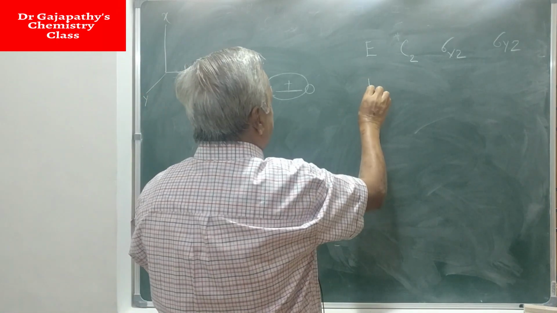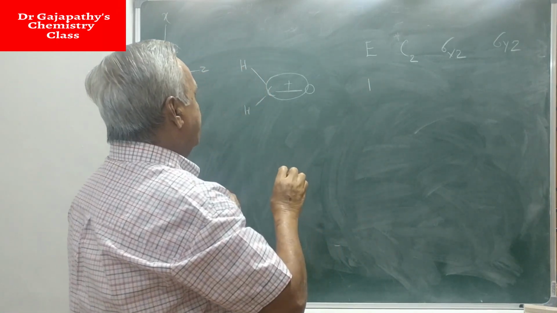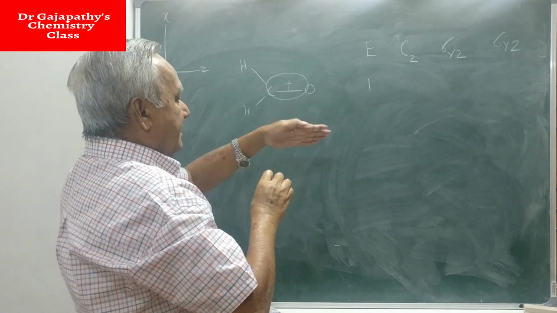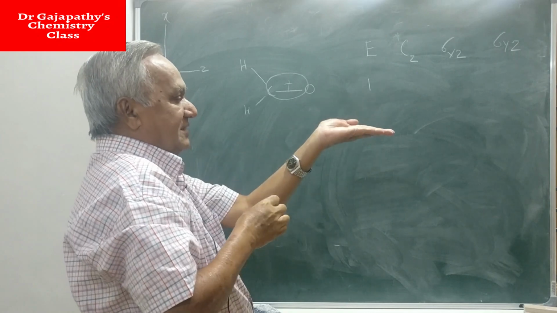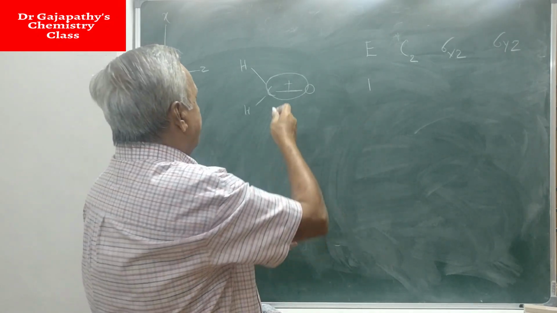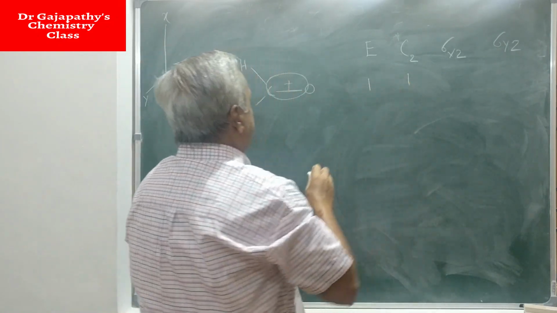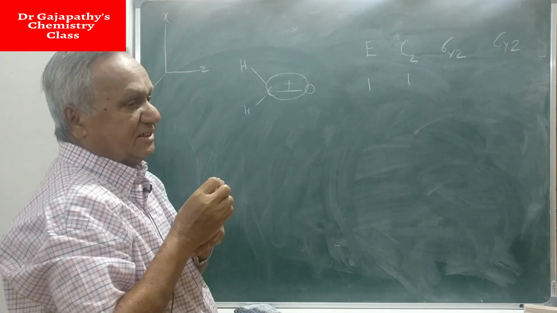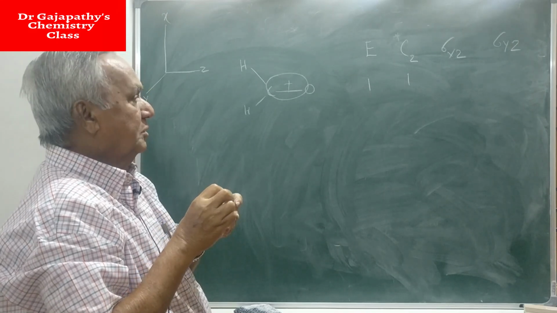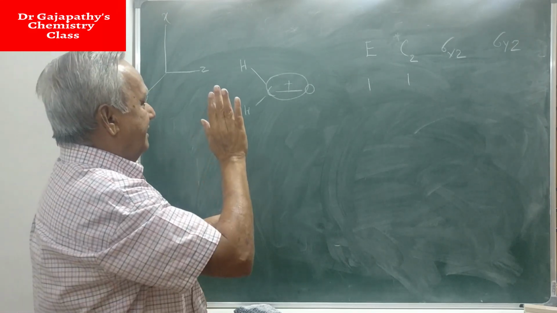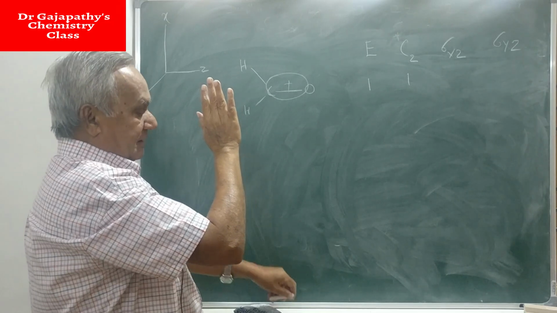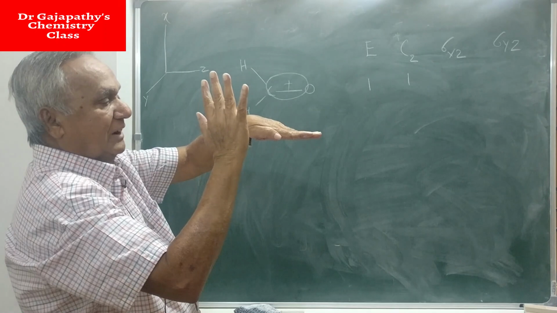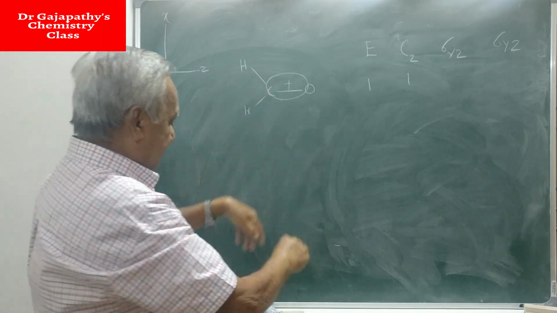So it is 1. C2, I am giving a 180 degree rotation. The molecule is originally like this, now it is like this. So, no change in the sign of the wave function, it is +1. Sigma xz, I am going to reflect in this plane. The molecule is like this. This is sigma xz, I reflect in this plane. Nothing happens, it is 1.